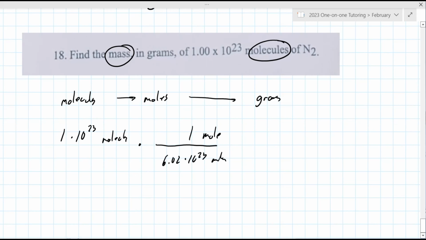So now we've done that part. And then to go to mass, we need to know how many grams are in 1 mole of N2. I actually just calculated that. I'm surprised they doubled up on that, but they did. Good for you to get a little easier problem out of it. Go to your calculator and see what you come up with on that one, please.